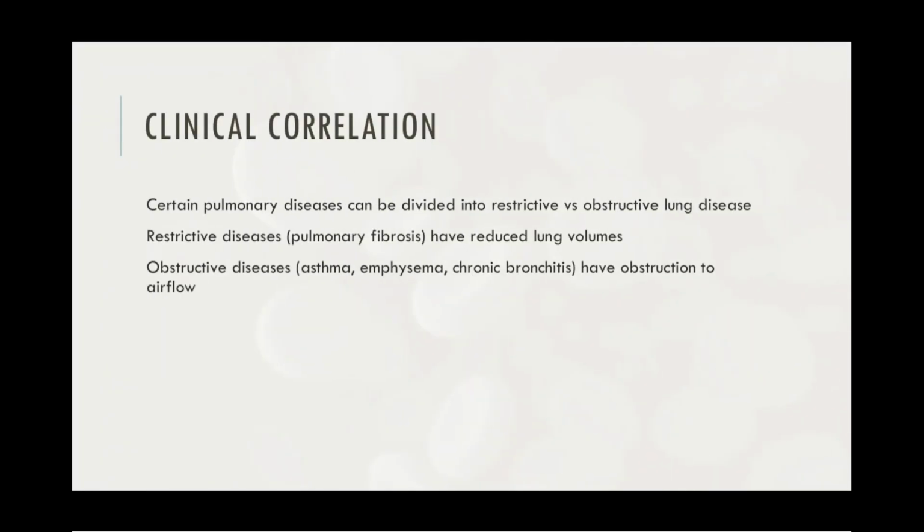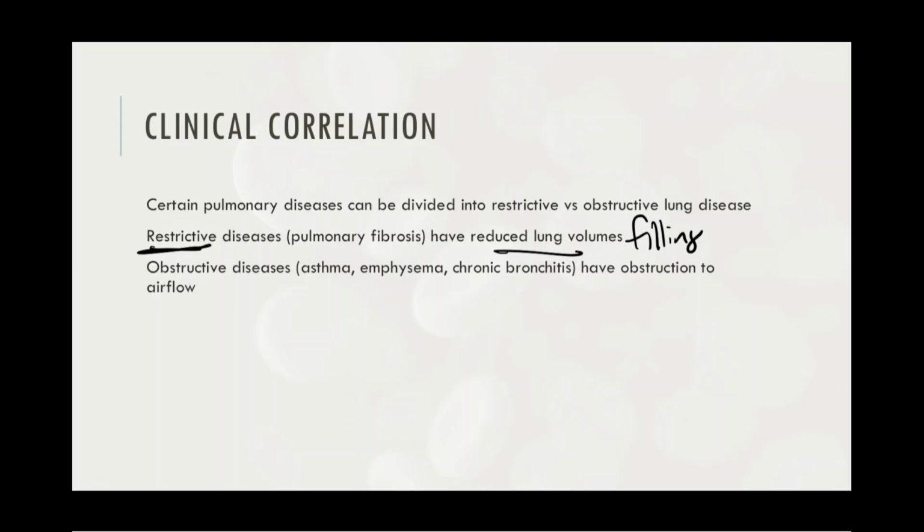And so we can look at restrictive or obstructive lung diseases. If it's a restrictive disease, it's a filling problem. There's no obstruction to them breathing. They just can't expand their lungs to fill appropriately.